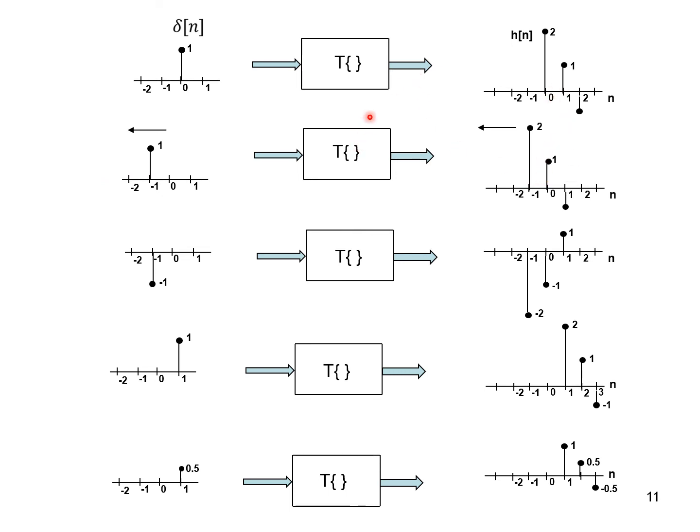The output is the same because it is time invariant. If I shift the input by one sample, the output shifts by one sample. The shape remains the same. There is no change in shape. Okay, now suppose I invert it. Here, from this value I shifted back one sample, then inverted it. What is the response?